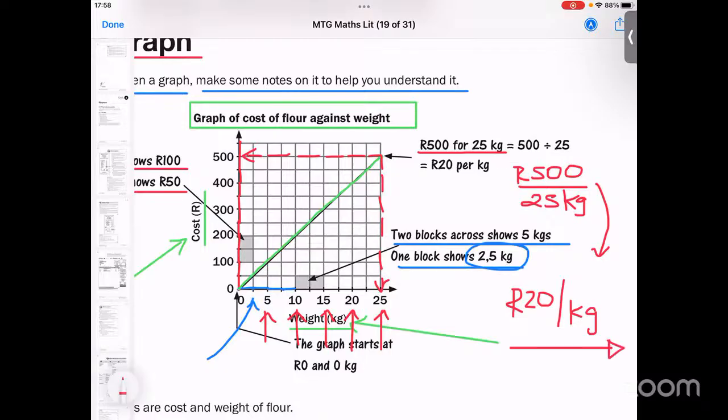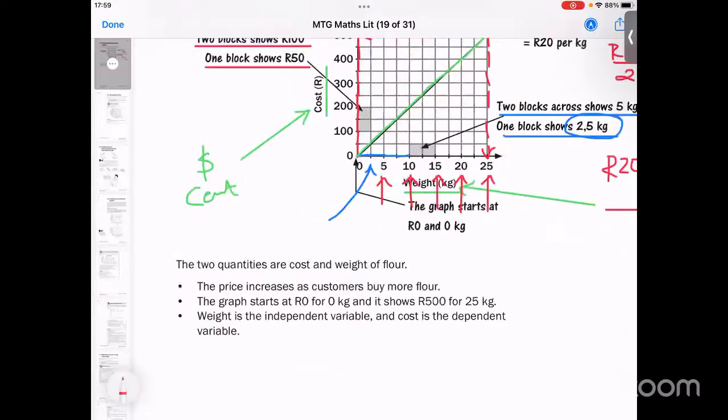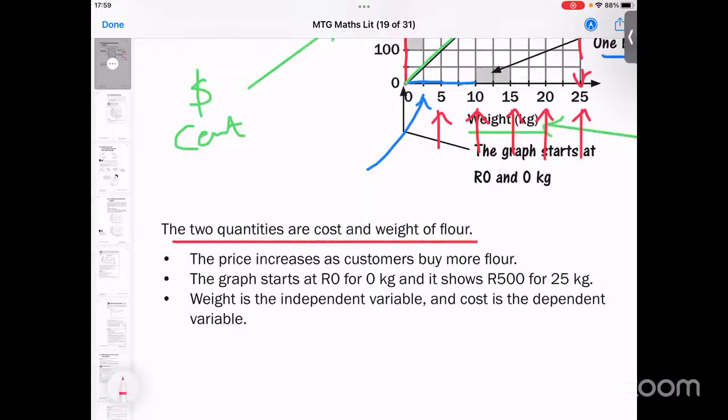So that's if you had to interpret a given graph. So the two quantities are cost and weight of flour. Okay, I think that makes sense.